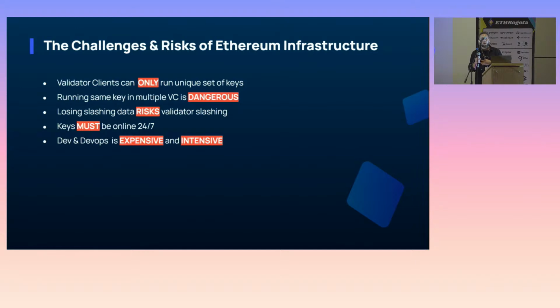And if you lose access to that database because you failed to restore it or back it up correctly, then you're also risking being slashed. The keys have to be online 24/7, which is hard. We just discussed this. And because the infrastructure is not reusable, it's going to cost you a lot of money, a lot of resources, and a lot of knowledge and expertise in order to actually do this.